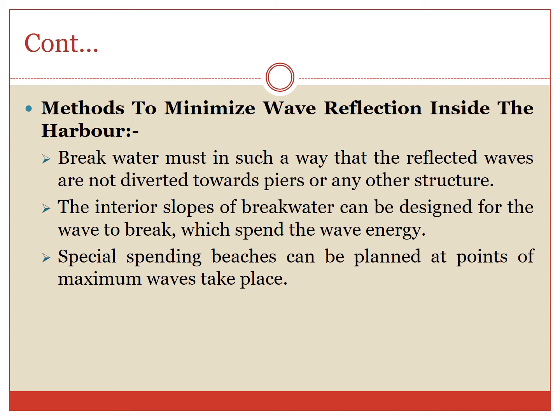Secondly, interior slopes of breakwaters can be designed for the wave to break, which spends the wave energy. It is more likely to say that the energy should be broken off, or else the waves will damage the structure and the ships that are on the seashore. Lastly, wave absorbing beaches can be planned at points of maximum wave action in a harbor.